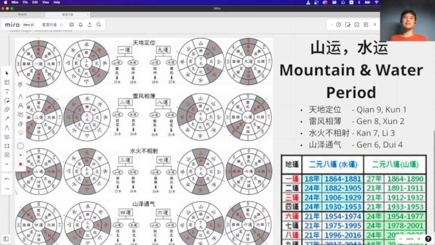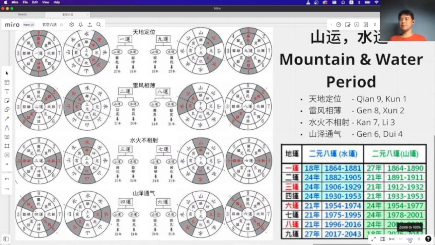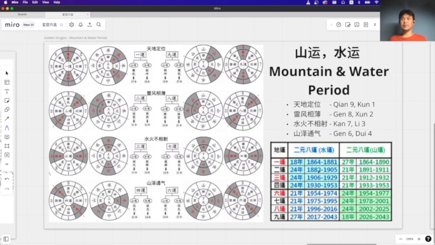So basically, this is the whole idea with the extension or the depth of golden dragon in 玄空六法.